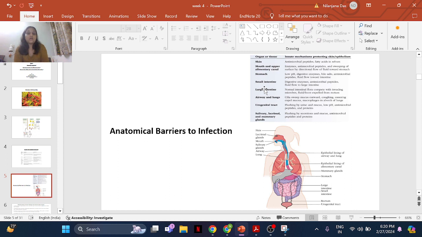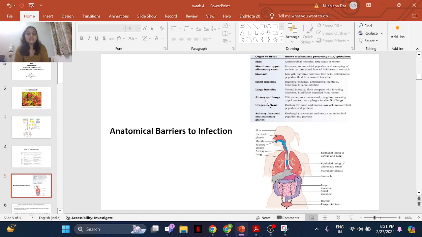All the microbes which are entering will be swept through some cilia which are present. Then there is the stomach, which has low pH, digestive enzymes, bile salts, and antimicrobial peptides, and fluid also flows towards the intestine. The small intestine is also similar, with fluid flowing to the large intestine.